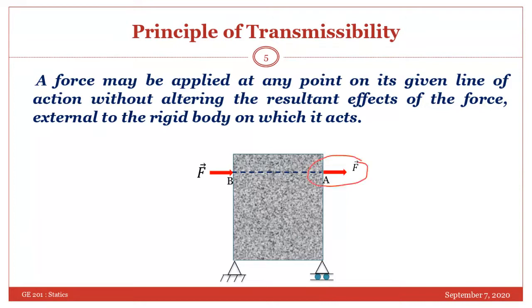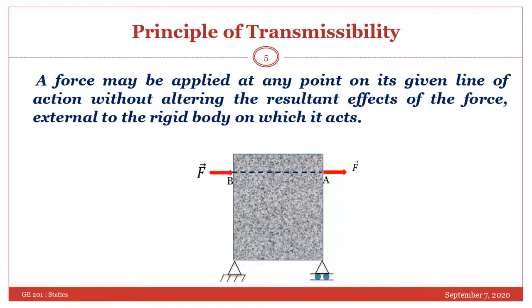It means if you move it from here to here, the vertical reaction and horizontal reaction will all remain the same. They will not be affected. So this is called the principle of transmissibility, and it is one of the very useful principles which we utilize a lot in solving problems. By the help of this principle, you can move your force, for the sake of analysis, to a place where it is convenient along its line of action.